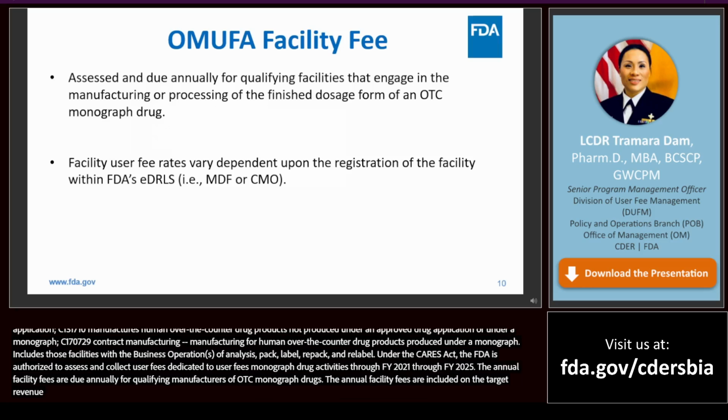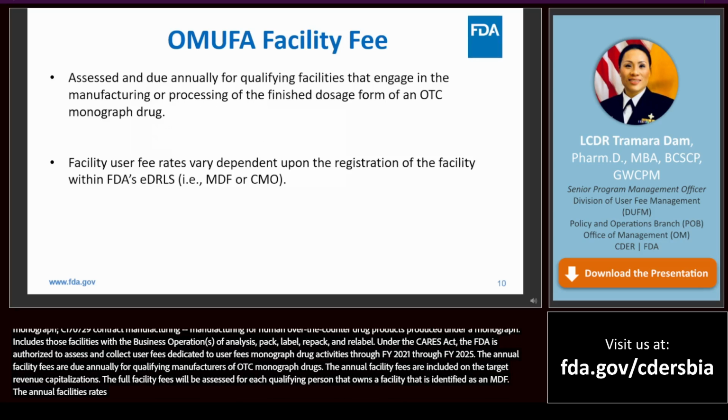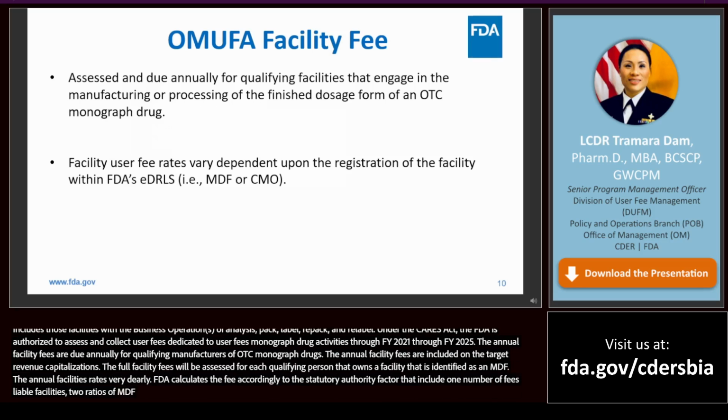A full facility fee will be assessed for each qualifying person that owns a facility that is identified as an MDF. The annual facility fee rate varies yearly. FDA calculates the fee in accordance with the statutory authority, considering factors that include: one, number of fee-liable facilities; two, ratios of MDF to CMO; and three, increase in the total target revenue due to inflation and other adjustments.